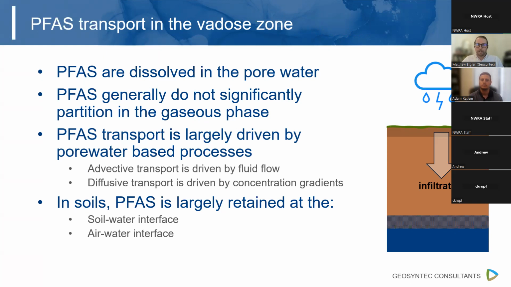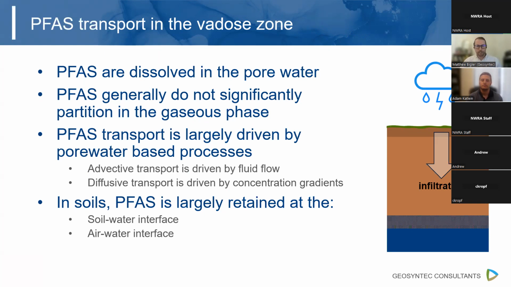This includes advective transport, just fluid flow or infiltration or water moving through our vadosome. But we also get some diffusive transport that's driven by concentration gradients. We think of something such as an aqueous film forming foam being applied to the surface. Those are applied in really high concentrations. So we can get this diffusive transport, but also due to our infiltration, our advective transport is what drives this PFAS fluid flow through the vadosome.